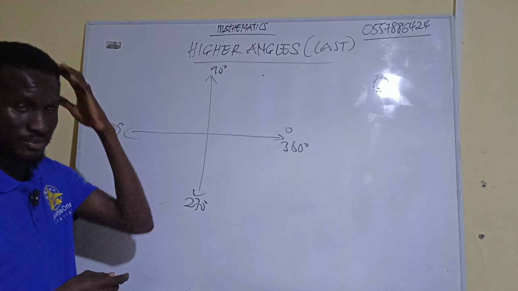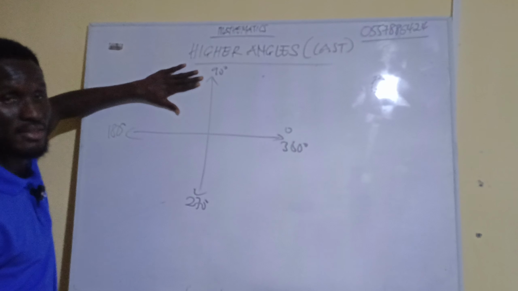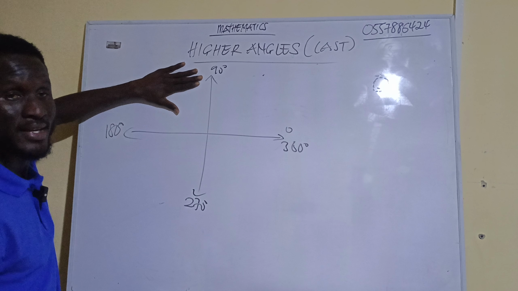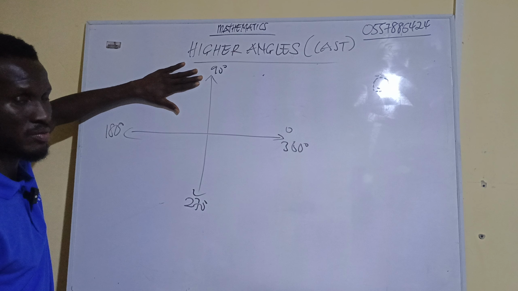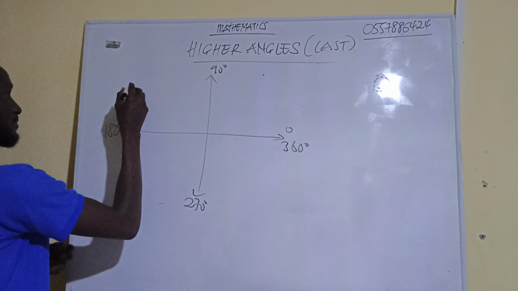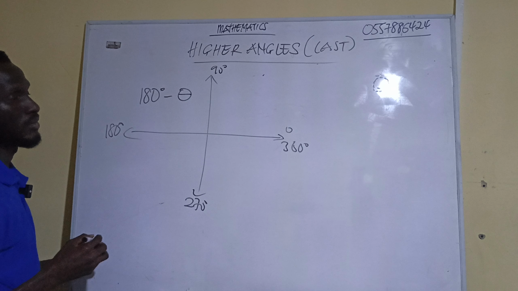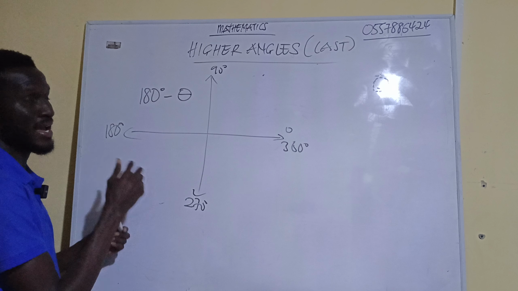So look at it very well. Now, if the angle is between 90 and 180, we can easily find the angle along the x-axis. How are we going to find it? Subtract the angle from 180.